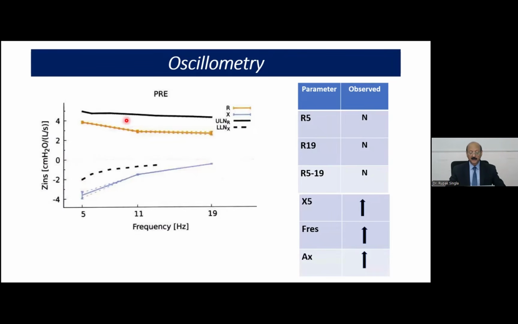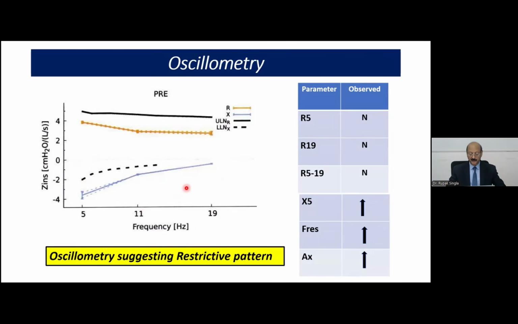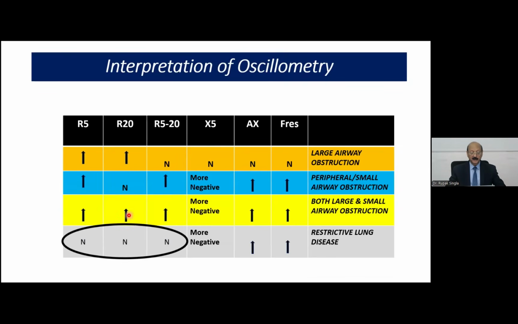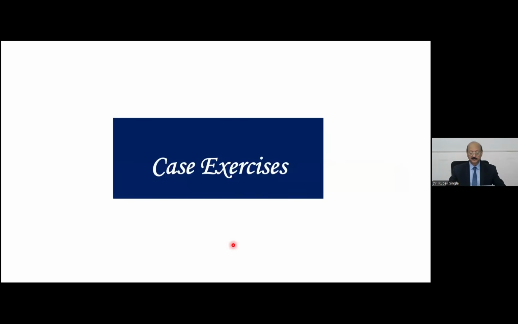So here, practically resistance is normal, and this is suggestive of a restrictive pattern. So in the table, R5 is normal, R20 is normal, R5 minus R20 is normal, but all these reactance parameters are increased, which suggests the restrictive pattern. And this is the final table. If you remember this, you can diagnose most of the chest conditions.